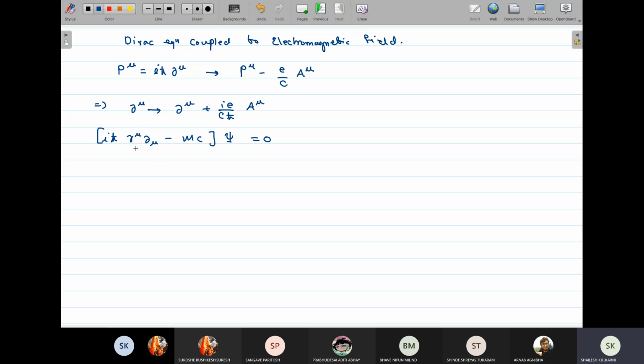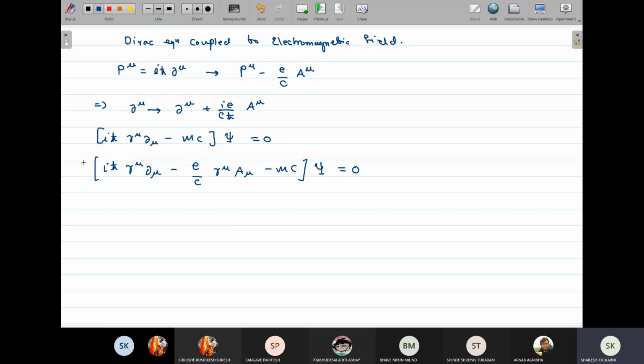So this is the free Dirac equation. Now we have to replace it with these factors. So it will be i h cross gamma mu del mu, which remains as it is, plus i e by c h cross, and there is an i h cross, so it will be minus e by c gamma mu A mu, minus mc, acting on psi equal to 0.